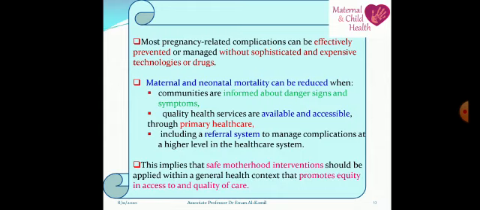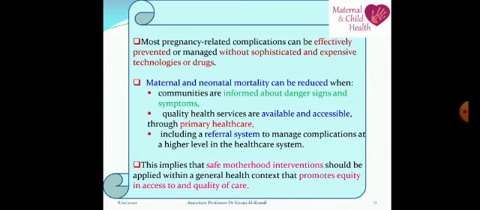Also, it is important to provide good quality healthcare services which should be available and accessible through primary healthcare services. And we mentioned that it is not only available, but it should be accessible for the women, and acceptable in the provision of healthcare services, as we mentioned in primary healthcare. Also, it is important to know the referral system.